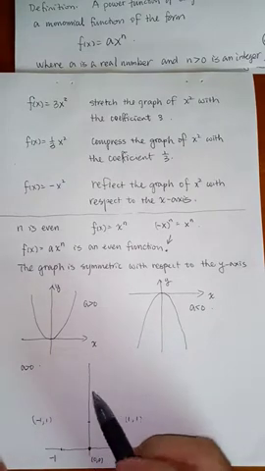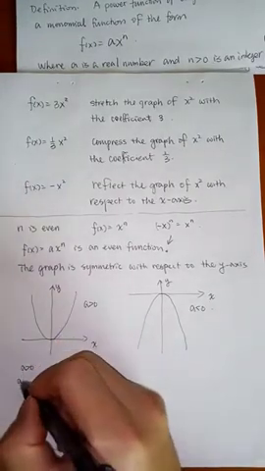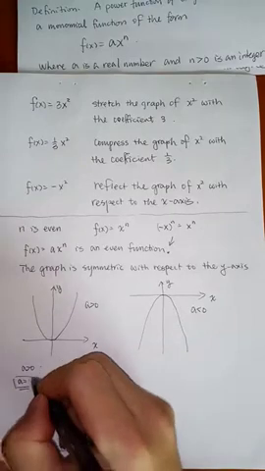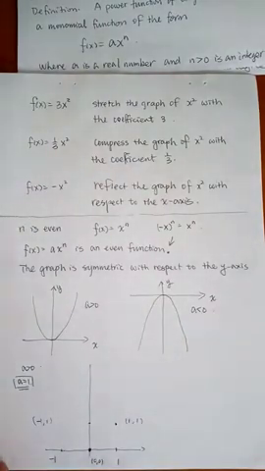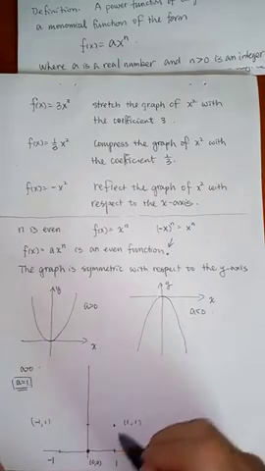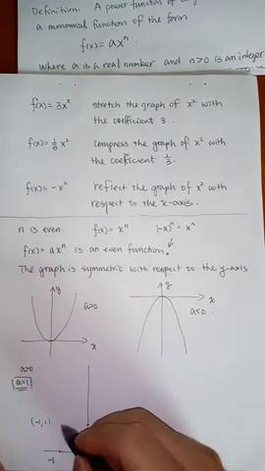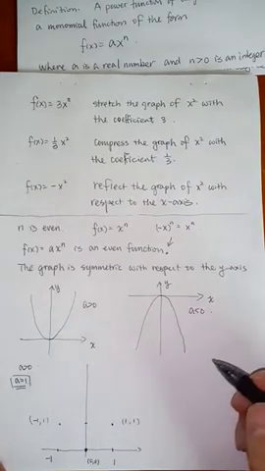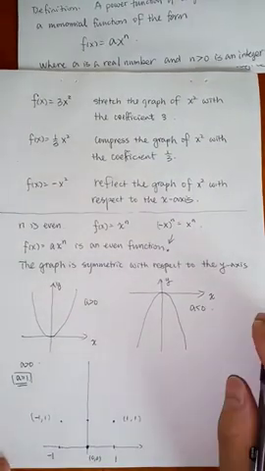Let's assume a is equal to 1. So all the power functions x^n pass through those three points.